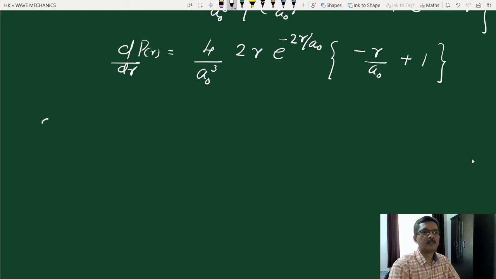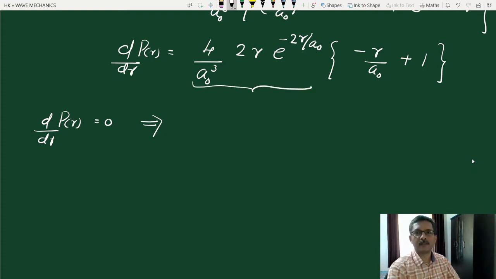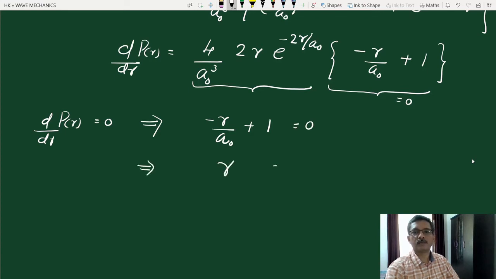If we equate this derivative of the radial probability to 0, the other terms should be non-zero, so we cannot equate them to 0. The only term that can be 0 is this one. So we have minus r by a0 plus 1 equal to 0. From this we get r is equal to a0, and this r is the radial distance for maximum probability.